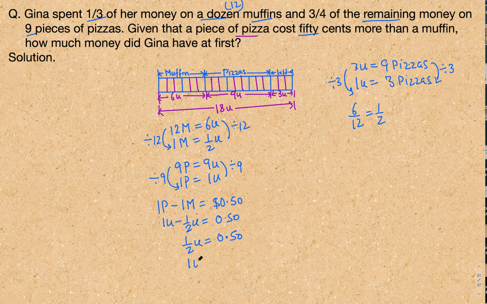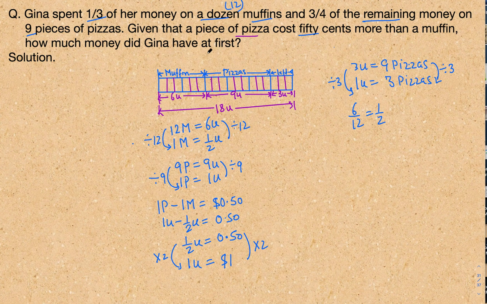So 1 unit is equal to how much? Just multiply both sides by 2. 2 times 50 cents will give you $1. And how much money was Gina having at first?